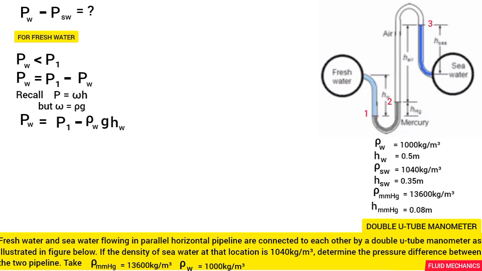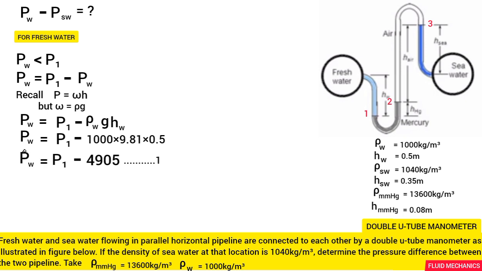Now if I implement this, the pressure at the freshwater will be the pressure at point 1 minus 1000 times 9.81, which gives 9810, times 0.5, which gives us 4905. So this is what we have. I'll term that my equation 1. Is that taken?